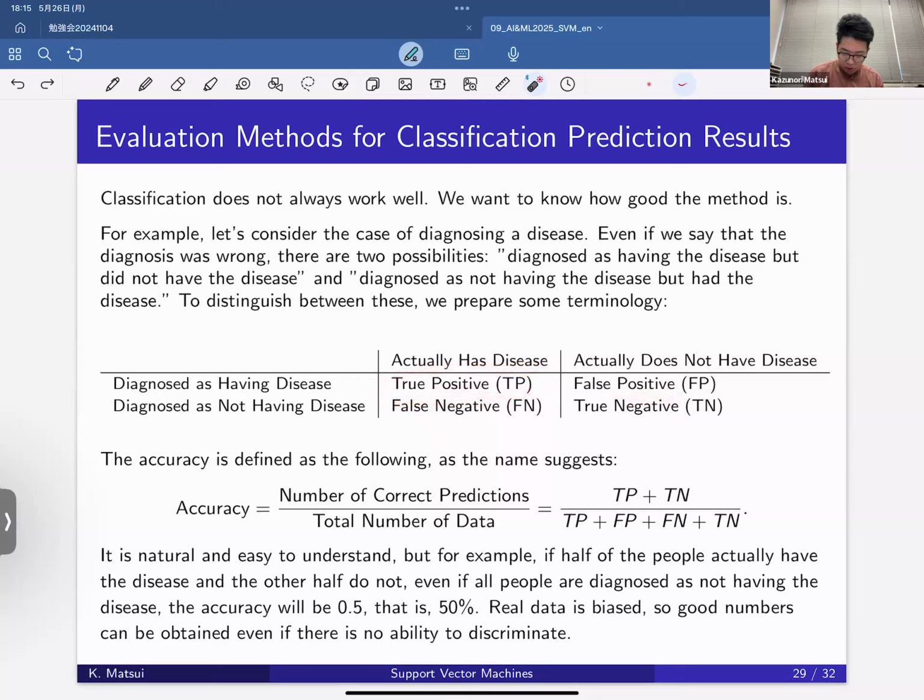When the person actually does not have the disease, since it was positive, we call it false positive. On the other hand, when we diagnose as not having the disease, we get a negative result. When the person truly doesn't have the disease, we call it true negative.